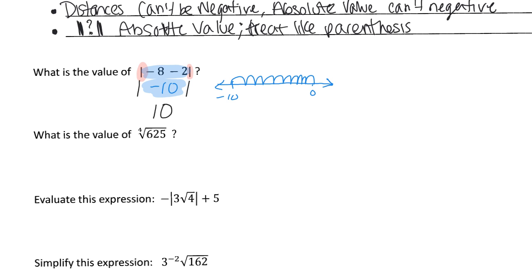Okay, so we talked about square roots, but now we're going to talk about fourth roots or cubic roots. In order to solve these, we could plug these into the calculator, and I'll show you how to do that in class. Or you can start thinking square roots. When we did the square root of something, we also wrote them as perfect squares, like 1 squared or 2 squared, and so on.